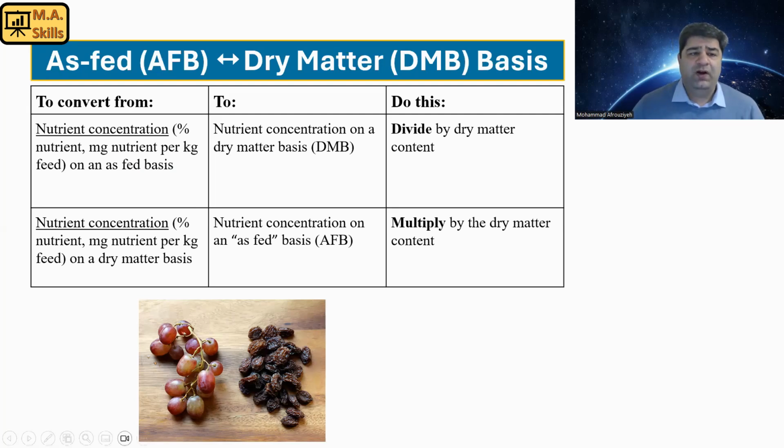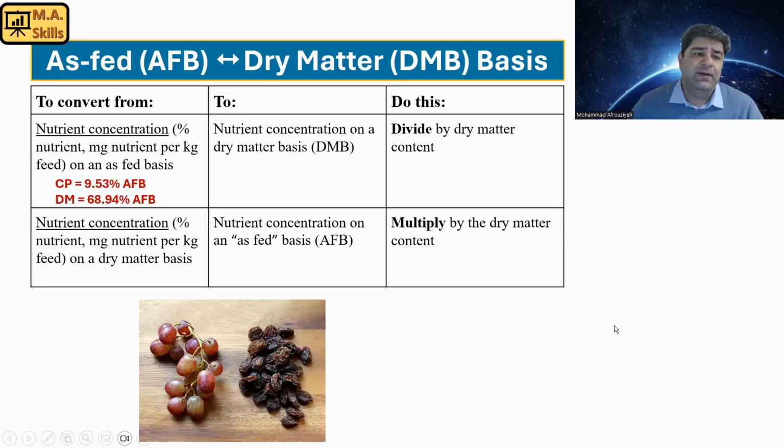So to convert from nutrient concentration on as fed basis, when you see on the label of a pet food, or let's say any other animal's food, into nutrient concentration based on the dry matter basis, you need to divide that nutrient concentration by dry matter content of the food.